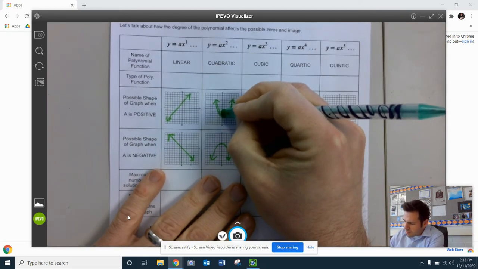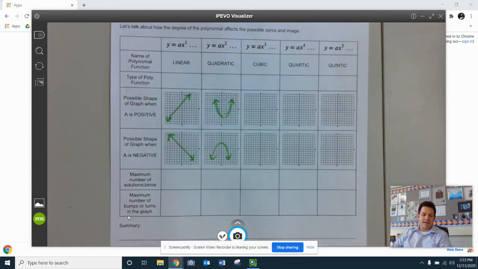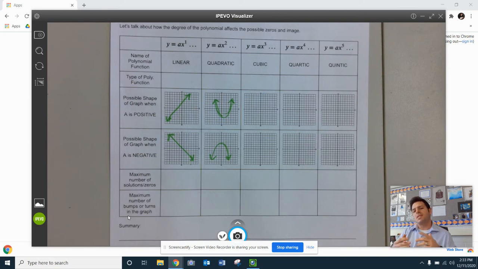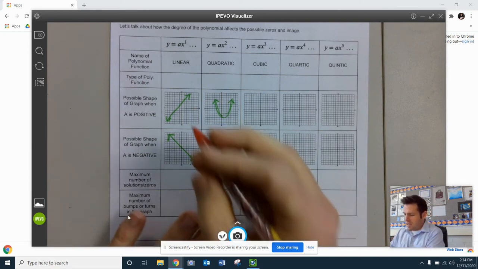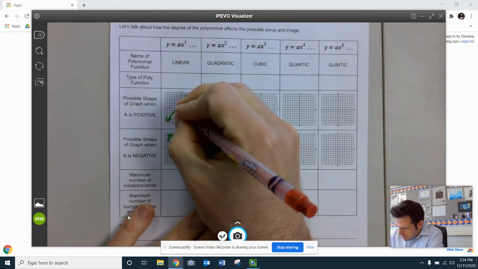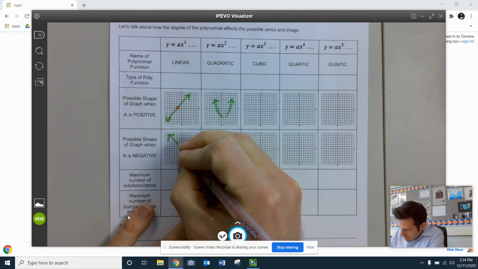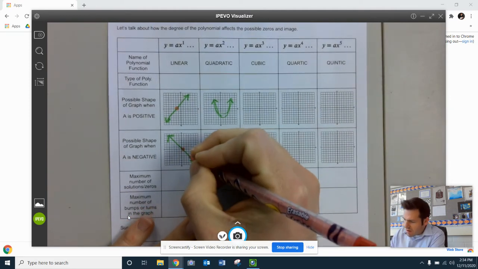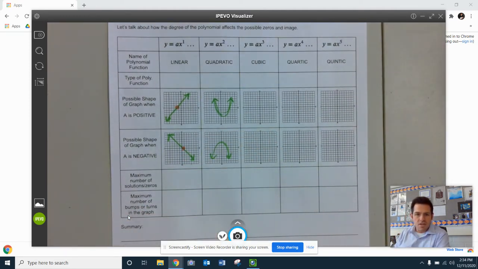So just a couple things to point out here. We're looking at the maximum amount of situations where the number of solutions is 0. So this isn't necessarily what has to happen. It's just the maximum amount of things that could happen. So here are my solutions in the pictures that I drew. We got our x-intercept there, our x-intercept there for our linear functions.